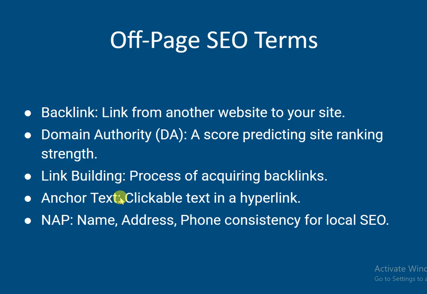And coming to anchor text, as I showed you earlier, when we link to a particular keyword, that is the clickable text in a hyperlink. Search engines use it to understand the context of the linked pages. So using relevant keywords here is important.